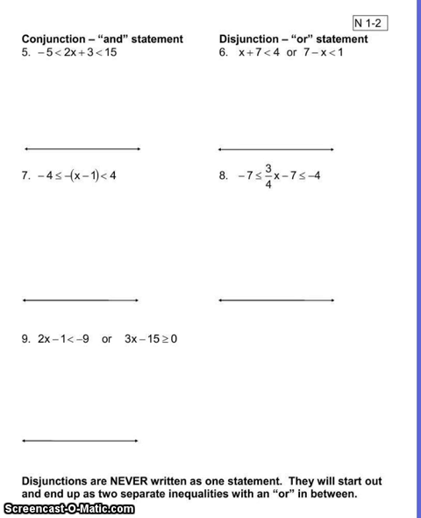Okay, here I'm still going to solve my equation the exact same way, but whatever I do to the middle, I must also do the same thing to both the left and the right-hand side of the equation. So looking at problem number 5, I have negative 5 is less than 2x plus 3, which is less than 15. So again, we're trying to solve for x. So in order to get x by itself, the first thing I need to do is subtract 3. Now instead of doing it from both sides, I'm actually going to subtract 3 from all 3 sides.